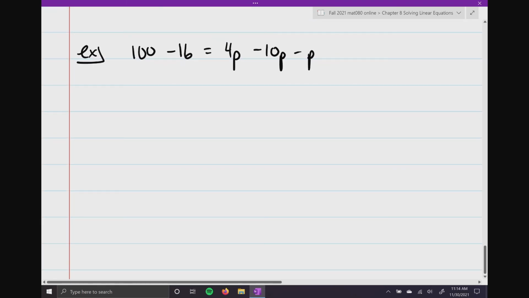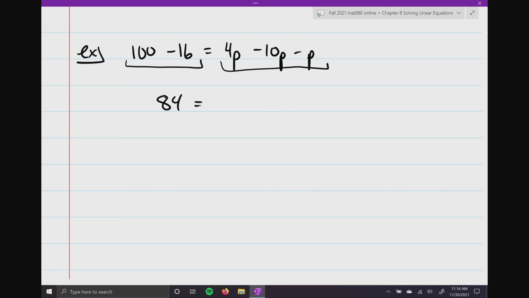So here, I don't see any fractions. I don't see any parentheses. So I asked myself, can I combine on the left-hand side? The answer is yes. 100 minus 16 is 84. Now I look on the right-hand side, and I can combine all of those. So 4 minus 10 is negative 6, and negative 6 minus 1 is negative 7p.